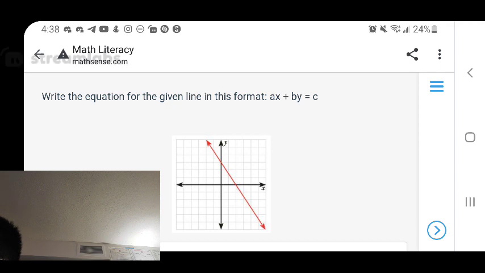Yeah, I plugged it in and it worked. Let me double check. 3 plus 0 is C, 0 plus 3 is 3.